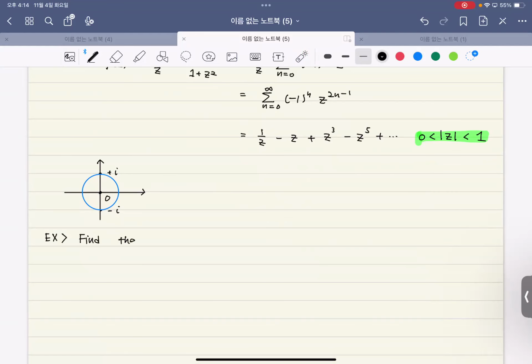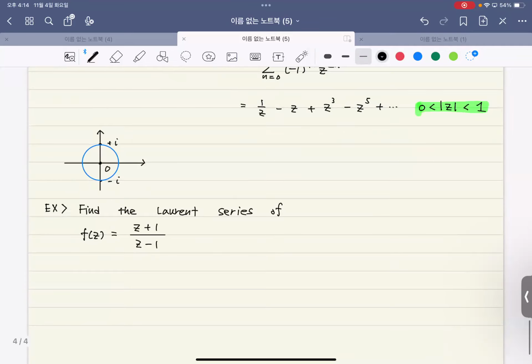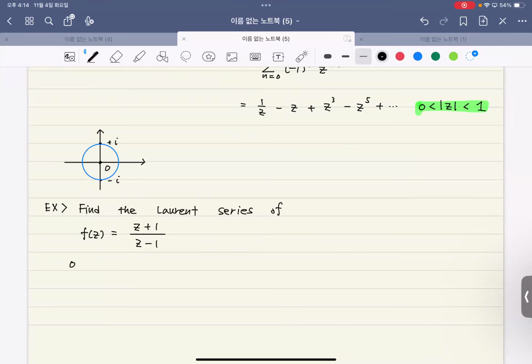Find the Laurent series of (z plus 1) over (z minus 1), and we say the center of expansion to be 0, on these two annuli: the first where the modulus of z is less than 1.